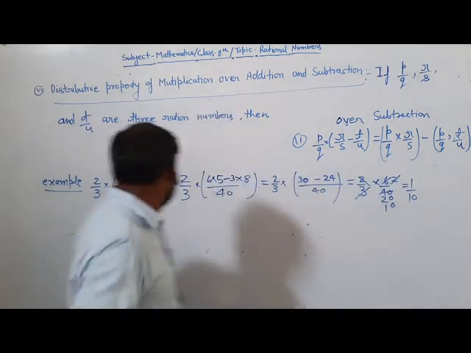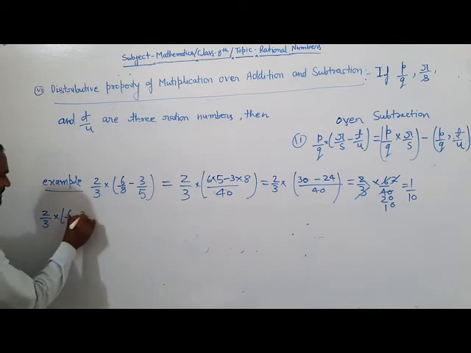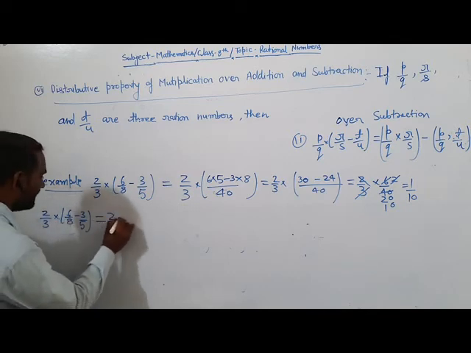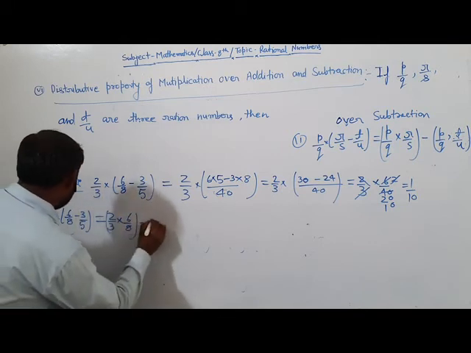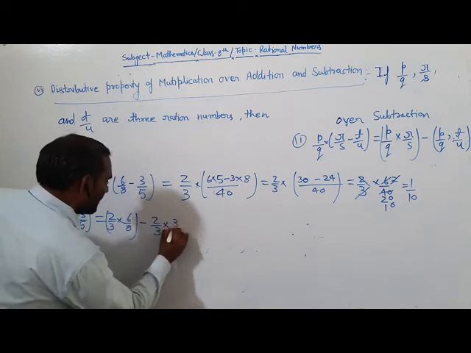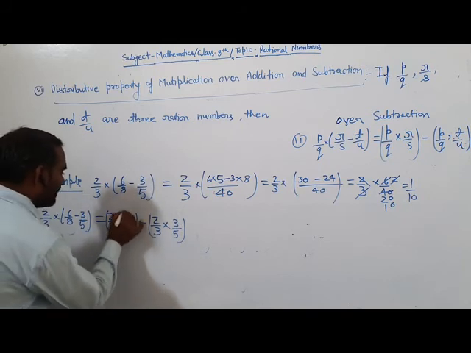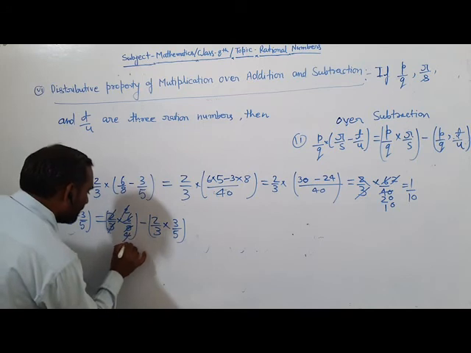2 by 3 into (6 by 8 minus 3 by 5) is equal to 2 by 3 into 6 by 8 minus 2 by 3 into 3 by 5. Now 3 2 ja 6, 2 4 ja 8, 2 2 ja 4.